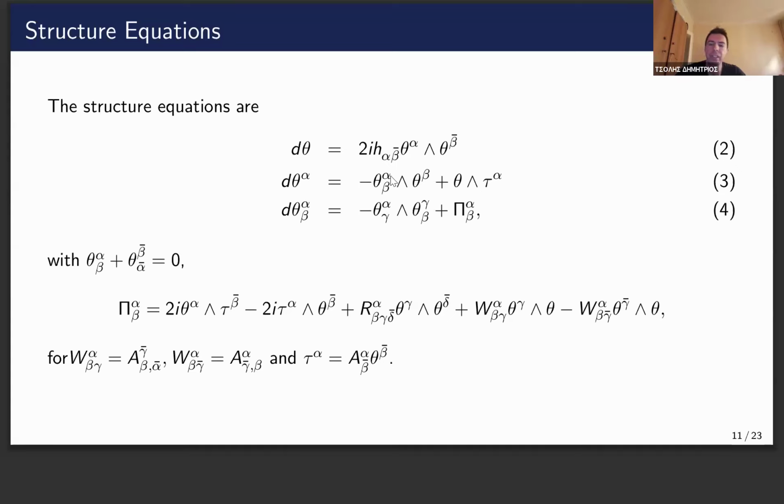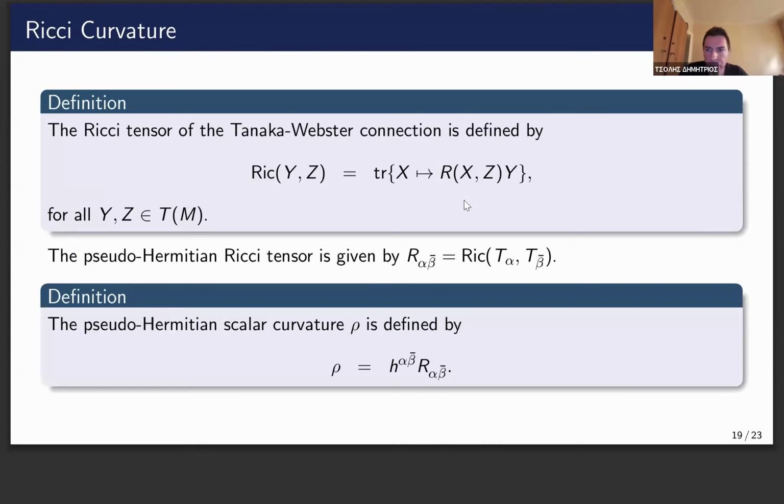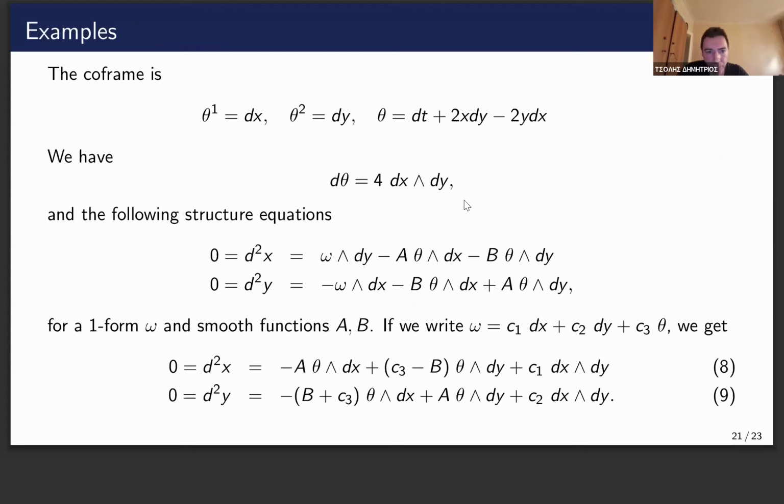The idea is to just write this connection form in the frame we're working, which is theta I, for example. And then just after performing the computations, we just match coefficients. And after some linear algebra, we can just get the connection forms. The coefficients essentially will give us the connection forms. So that's what we do here.